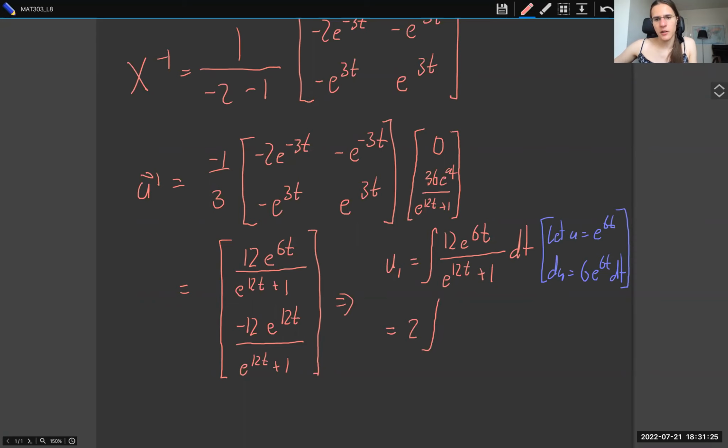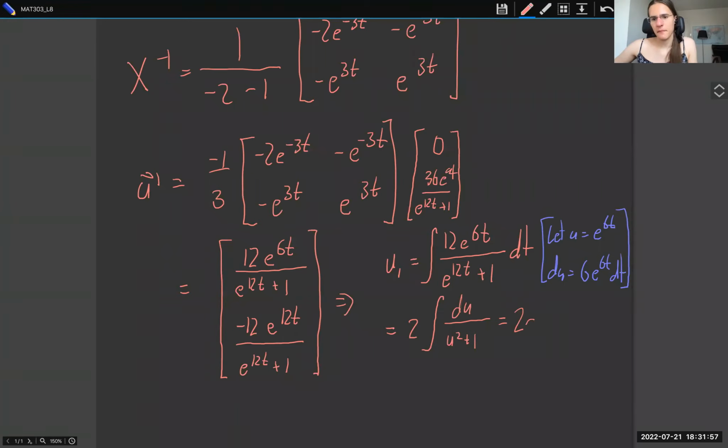times the integral of du over what is 12t in terms of u? The thing u squared. U squared plus 1, and that integral is equal to, that's like arcsine.